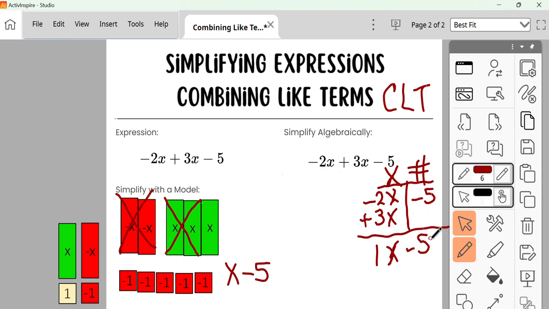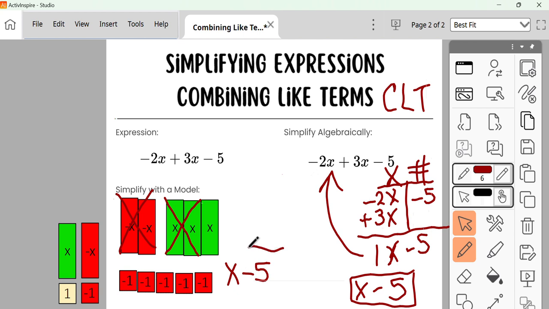So 1x minus 5 is certainly correct, but the way we would probably write it would be x minus 5. And as you can see, that matches exactly what we came up with when we used the model. All right? Go over this a couple of times, and if you've got it, you will have this forever, and it will be awesome.